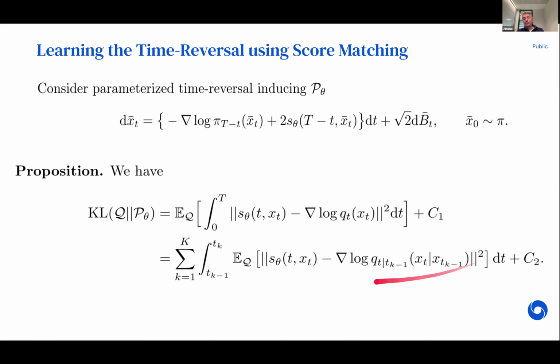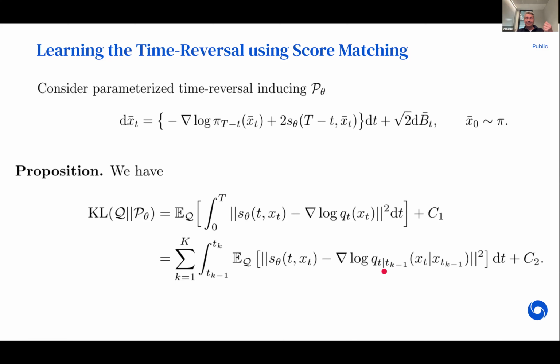But by some simple standard rearrangement, which in the machine learning literature is known as denoising score matching, you can rewrite this criterion as follows. You partition the time interval into K subintervals, and you introduce the gradient of the log of the transition of this non-homogeneous Markov chain.